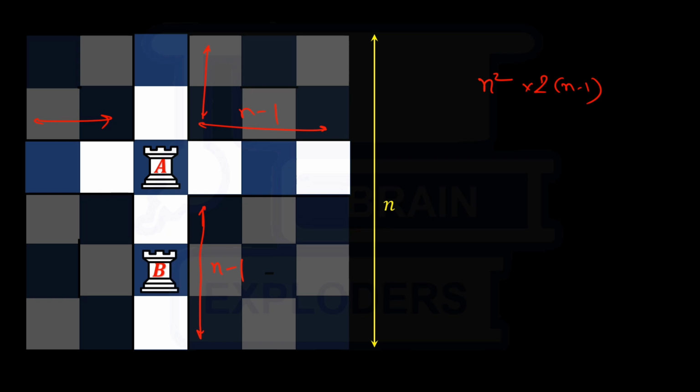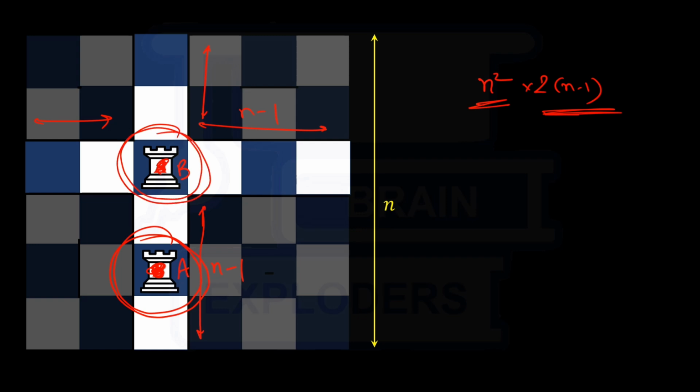Great. Now moreover, if its name is not A but B, and the other one is A, then this possibility is also counted in what we have just calculated, right? It means in our approach, both AB and BA are counted. Why? Because we have taken these n squared possibilities where A can be placed, and after that, in these 2 times n minus 1 blocks, B can be placed.